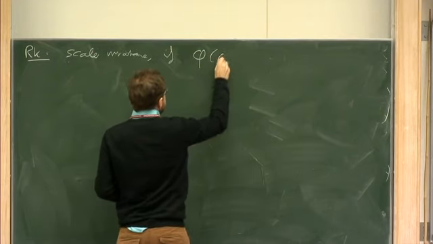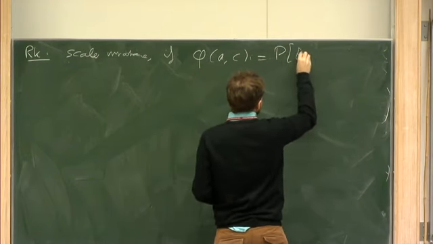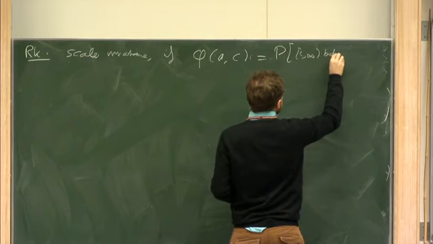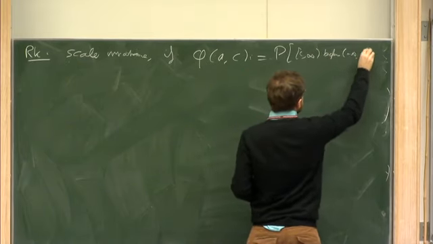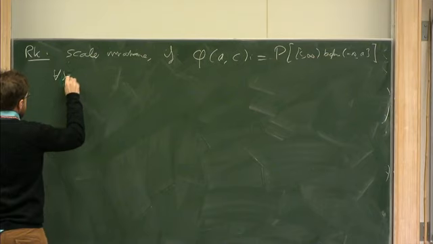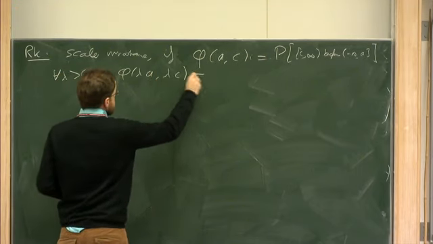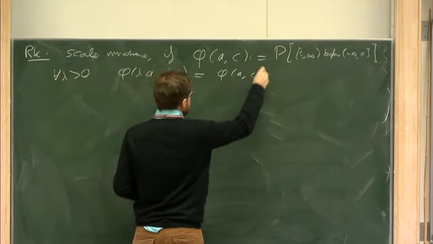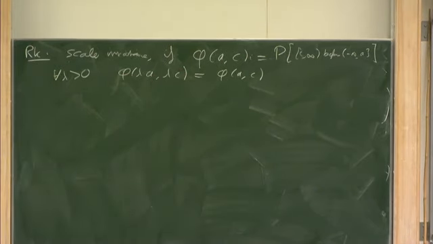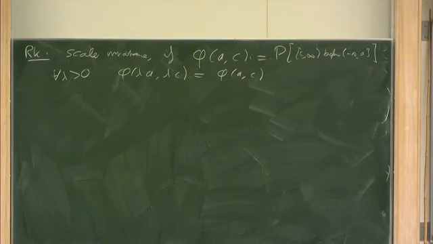If you let phi of A, C be the probability that you hit C to infinity before minus infinity to A, whenever you take lambda positive, what you have is that phi of lambda A, lambda C is equal to phi of A, C. And that's because if you scale the SLE by a factor lambda, you get an SLE, and the event corresponding to this and the event corresponding to this are the image of each other by this scaling. So this probability has to be the same.